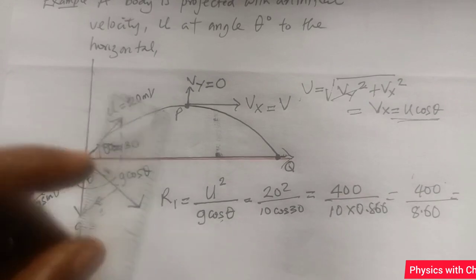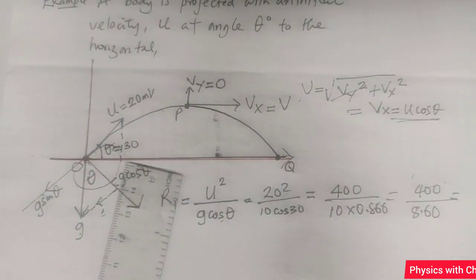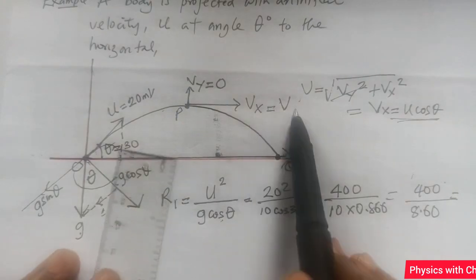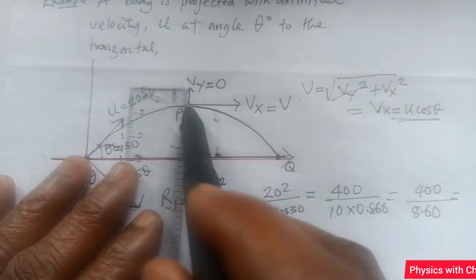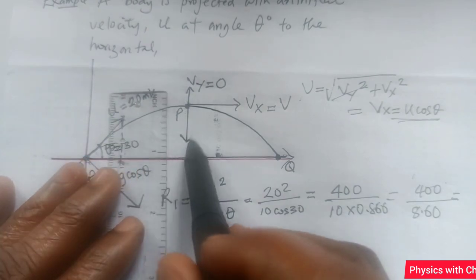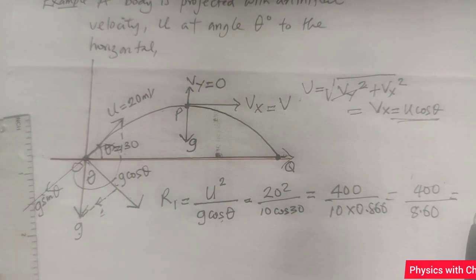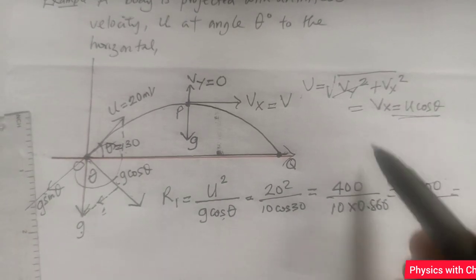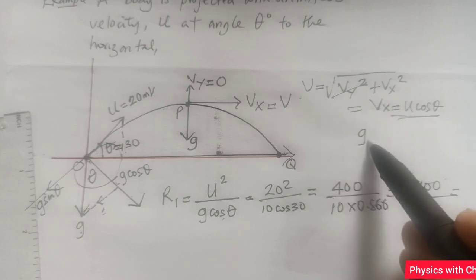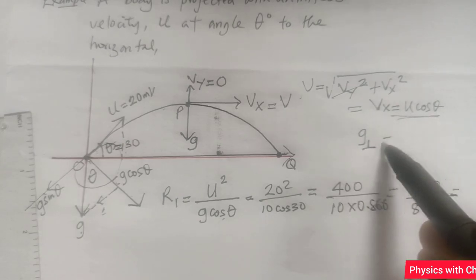Now, the next thing is for us to find the component of the acceleration of the body at right angles to the direction of speed v or vx, and that component is just equal to the value of acceleration due to gravity, which is always acting vertically downwards at all points. So my g component that is perpendicular to the direction of speed is just g.